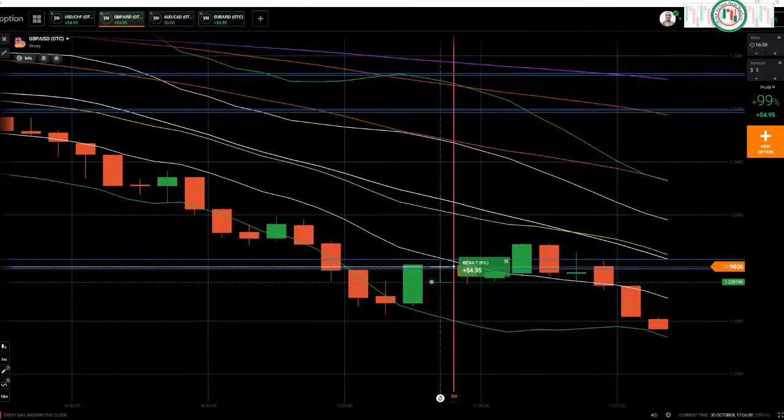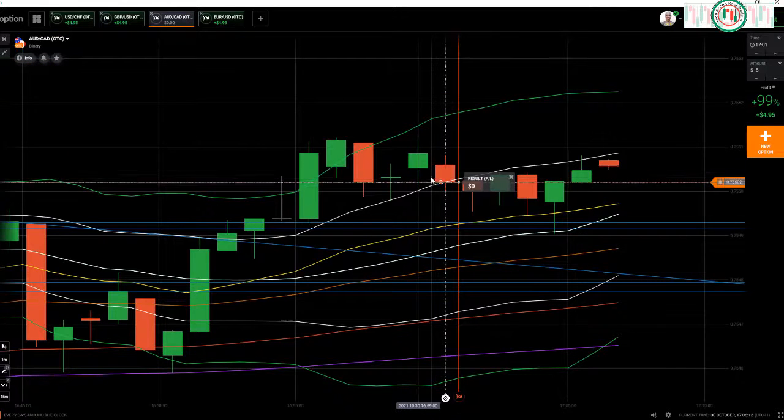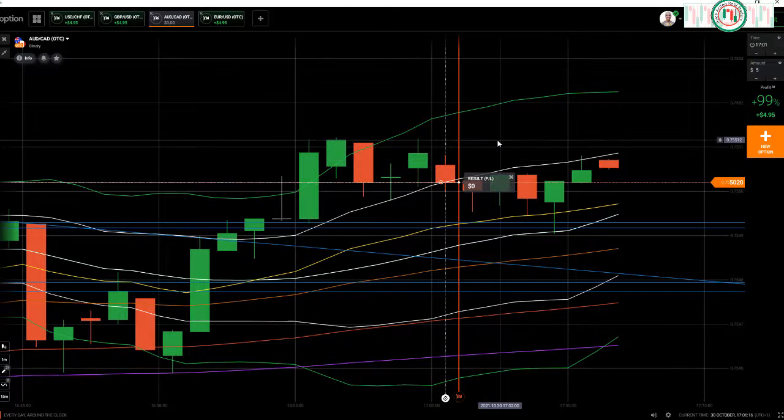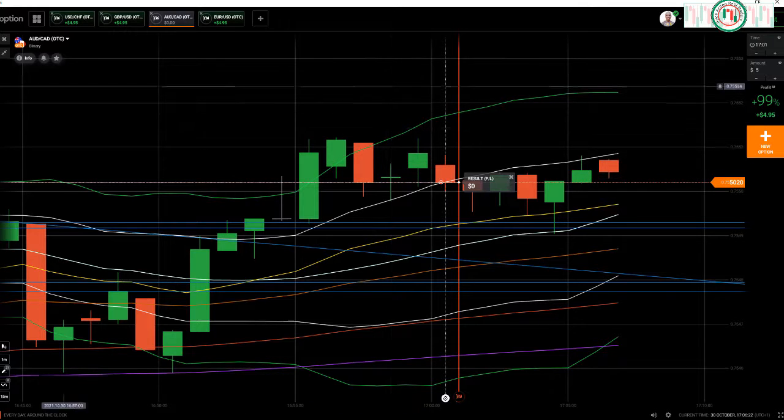And the next trade here, the draw, because you know sometimes if you see gap down, gap up, it can confuse you.